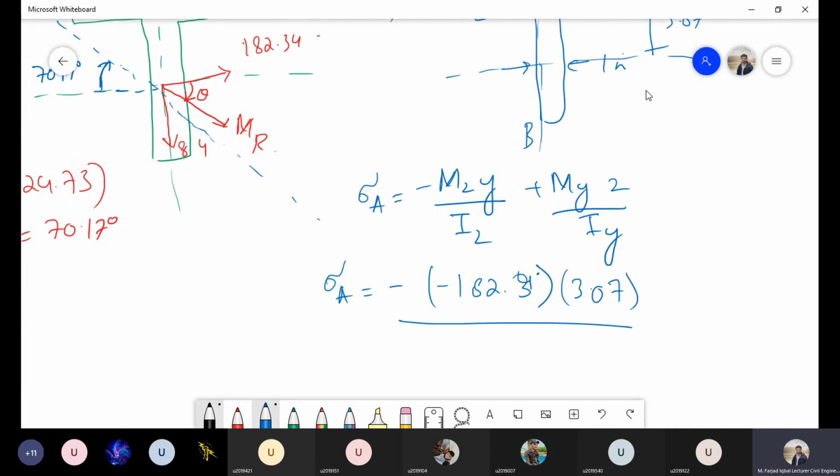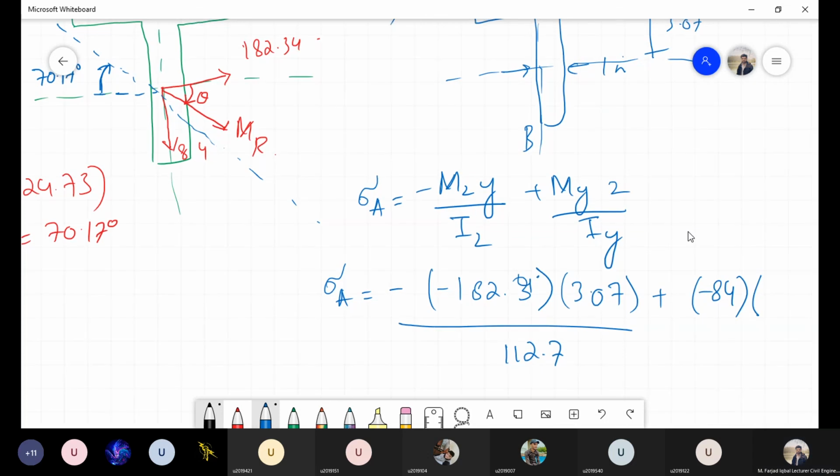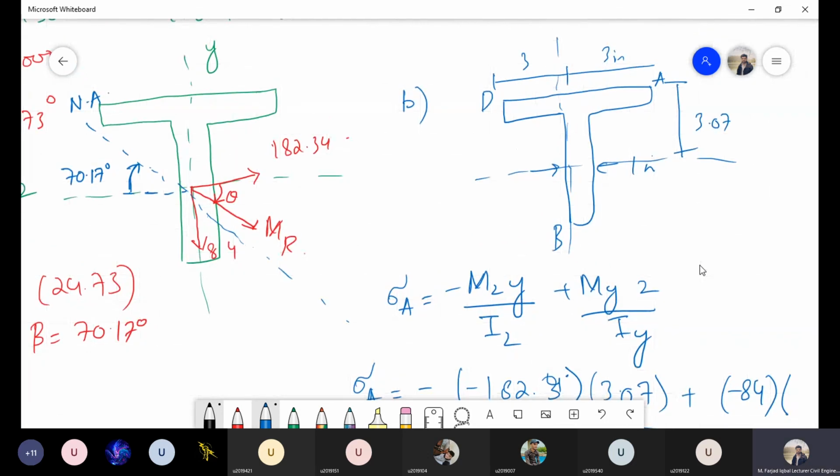So Iz was also given to us, that was 112.7. Then My we calculated as minus 84. Okay, and what was the z distance for point A? For point A, if I look at this figure, the z distance is minus 3 inches.